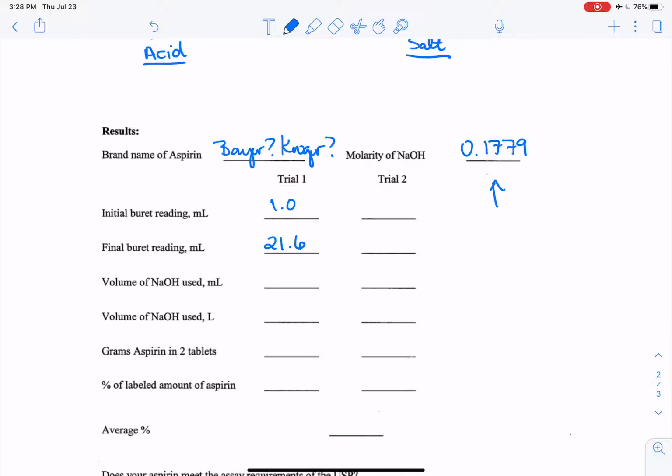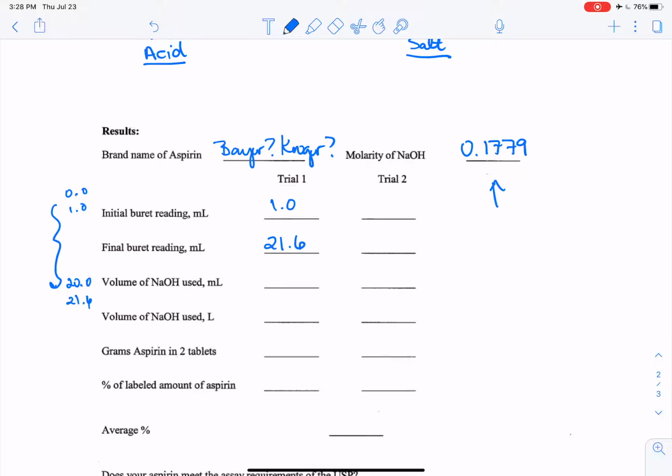Now it says volume of NaOH used. So the burette, how you read it, it starts with the lower numbers on top. So 0.0 or 1.0 would be on top. And then it would go down to 20.0 or 21.6, that type of thing. So the volume used would be 21.6 minus 1.0.